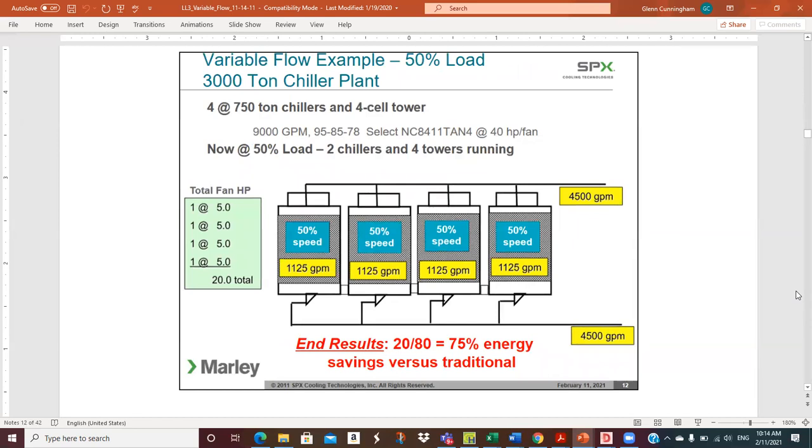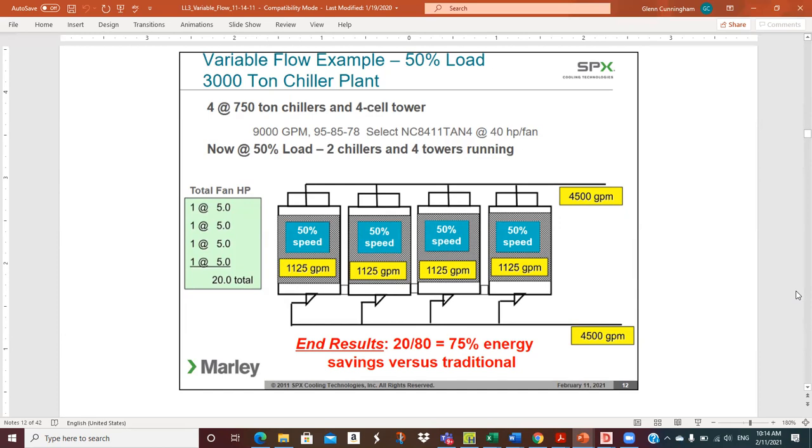Okay, let's carry it one step further. Now we're at 50% load, and we're only going to run 2 chillers, but we're going to run all 4 towers. So we've got 4,500 GPM, and we're going to divide that evenly amongst the 4 towers.